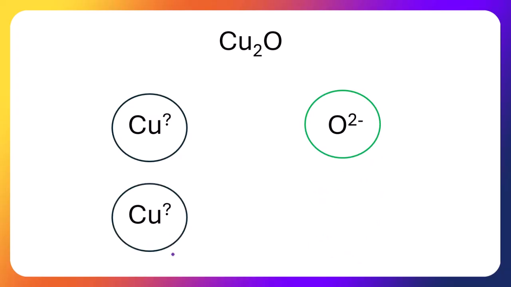Here, now we have two of these unknown copper cations and one of our known oxide anions, which is -2.